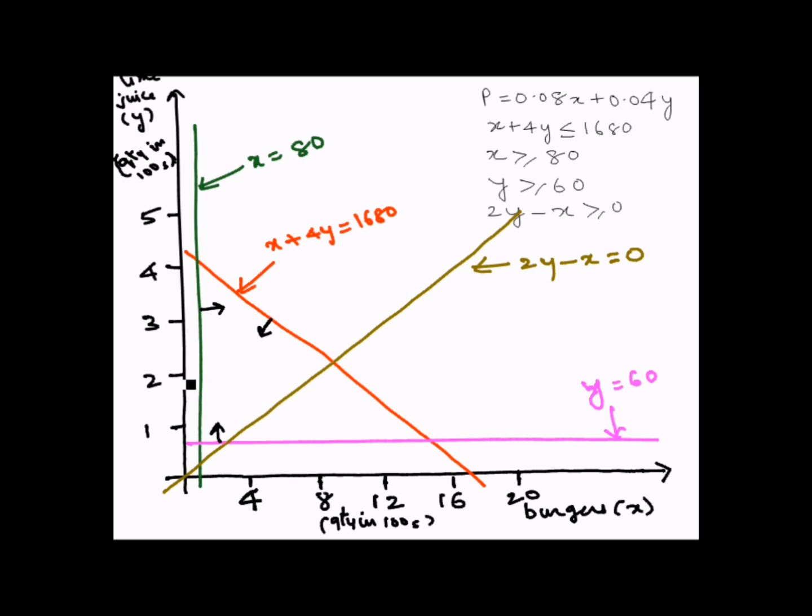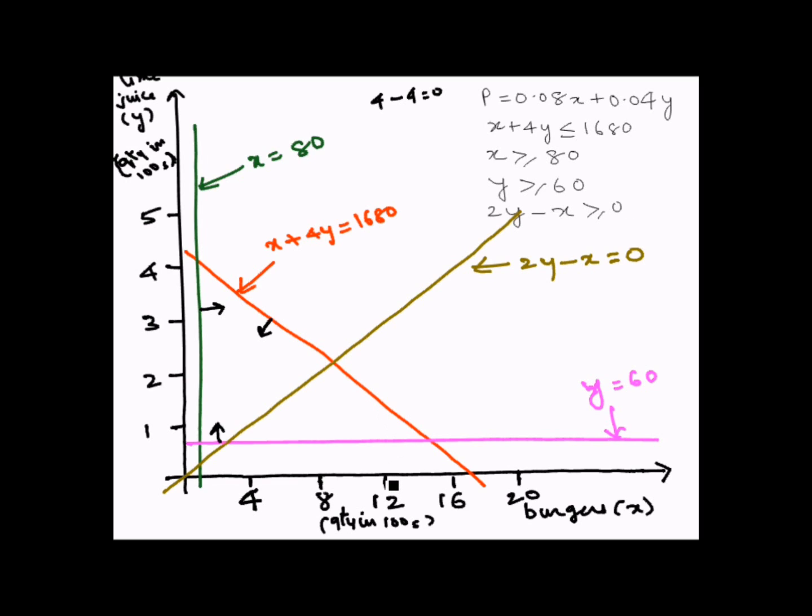So 2 and 4. So let's substitute 2 in place of y. So 2 multiplied by 2, which is 4, minus, and the x-axis we are taking is 4. So this is 4, and this is equal to 0. So it does satisfy this equation. 2y minus x is greater than or equal to 0.